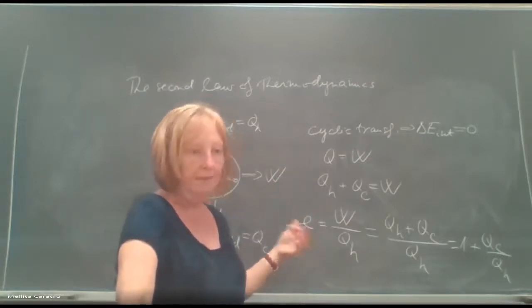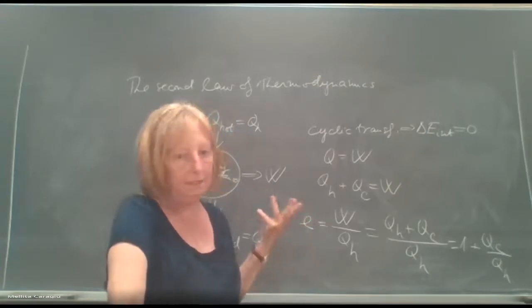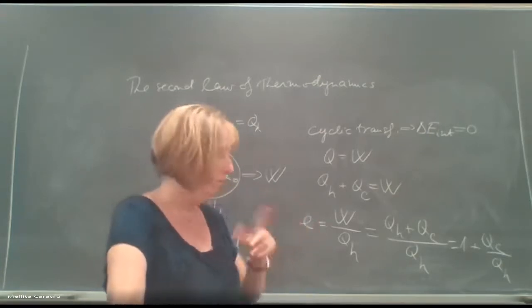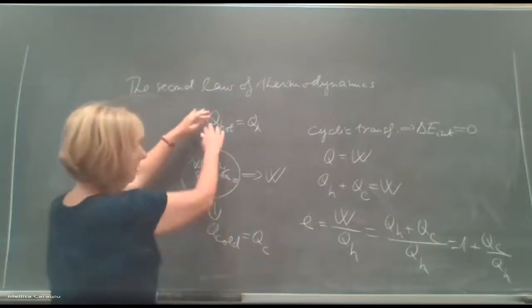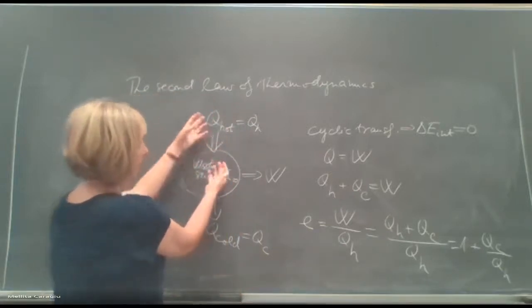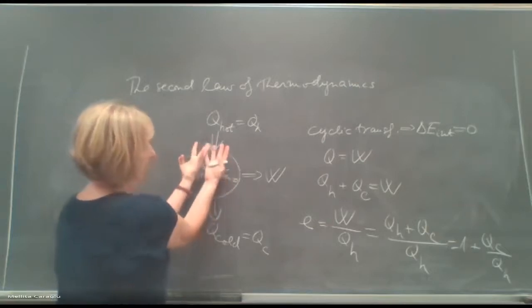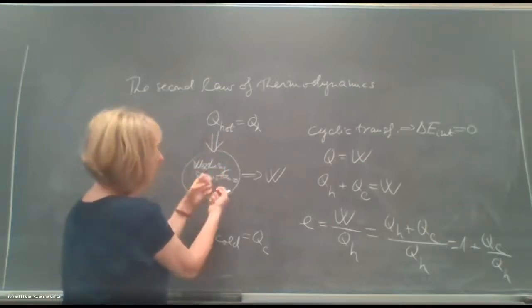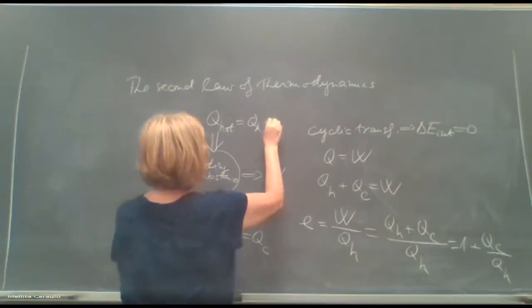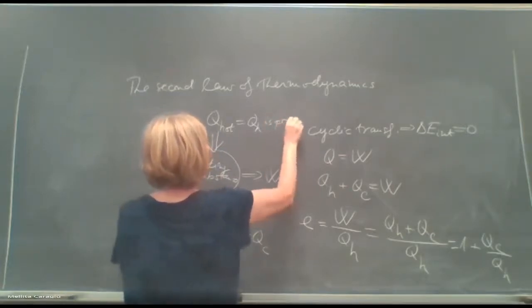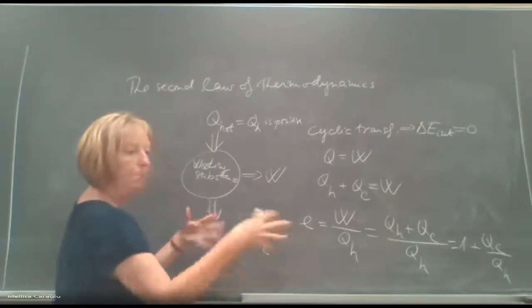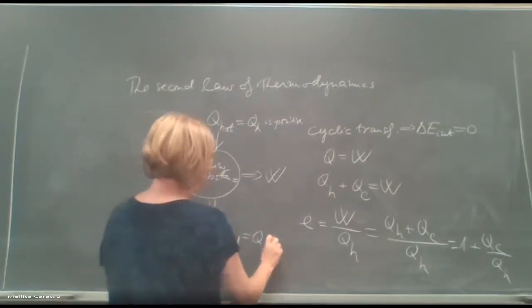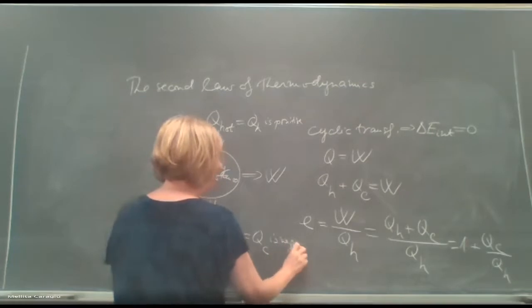And the reality is, no, the efficiency is never greater than 1. Why? Because of the sign convention. Because Q hot is heat absorbed by the system, so Q hot is always positive, as opposed to Q cold, which is expelled by the system, therefore Q cold is negative.